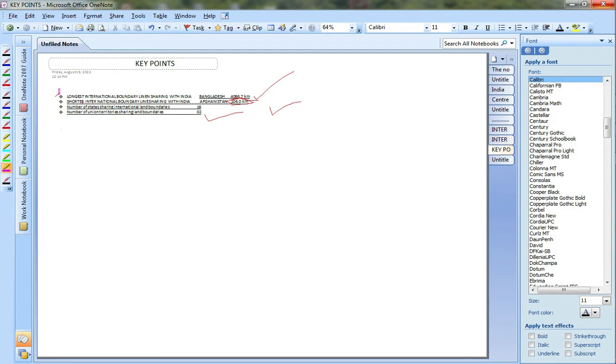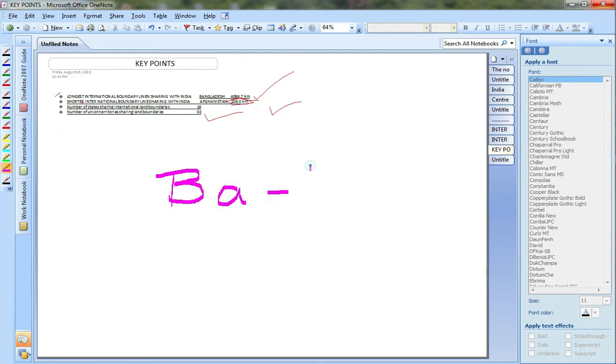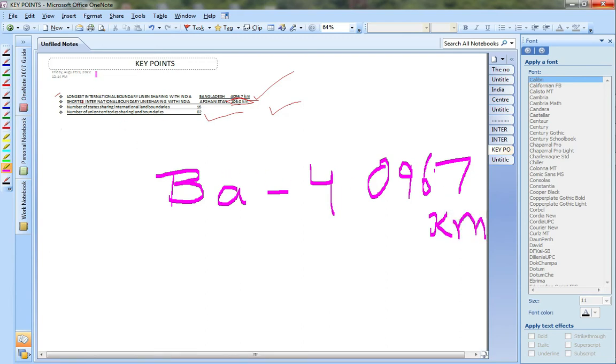Then, the longest international boundary line shared with India. Which country is sharing the longest international boundary line with India? The answer is Bangladesh. What is the length of the boundary line? 4096.7 km.